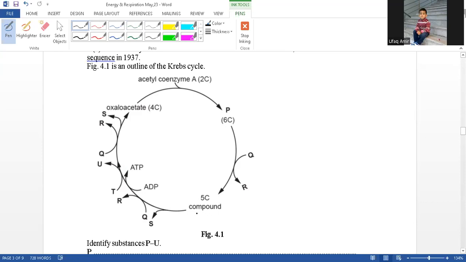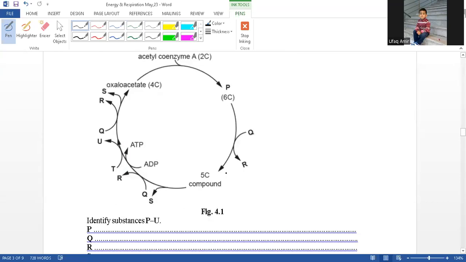Yes, decarboxylation takes place over here, carbon dioxide is released outside. Again, it's decarboxylation taking place. This is NAD, and this is NAD and FAD, which will go to NADH and FADH2, and this is carbon dioxide. This is again NAD.